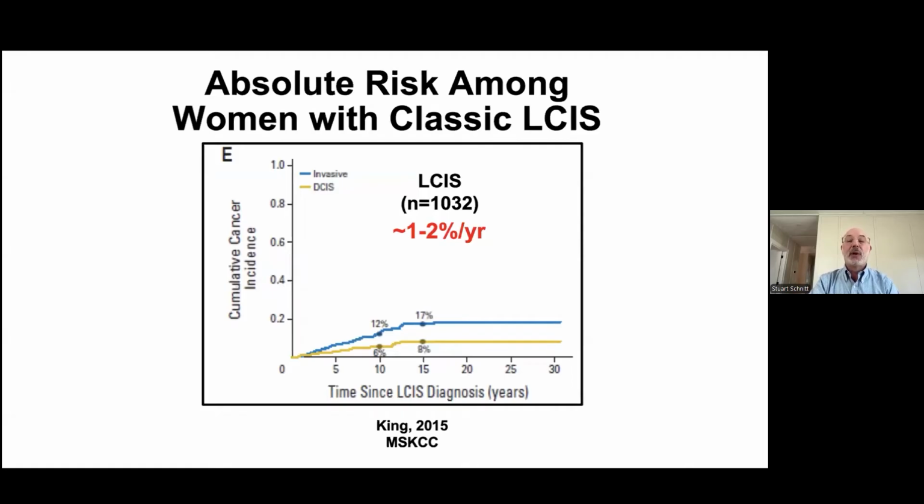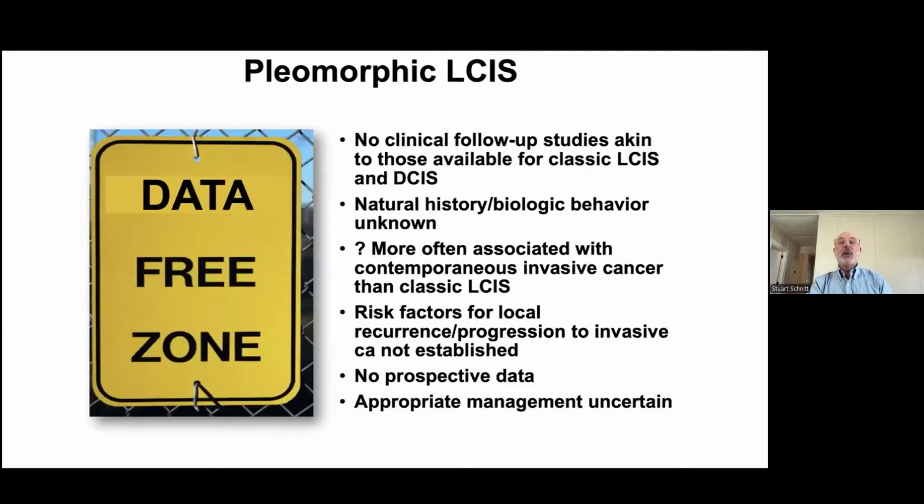And overall, the risk of subsequent DCIS or invasive cancer in these women was about 1 to 2% per year and was fairly constant over 15 years of follow-up. So at 15 years of follow-up, about 17% of women with LCIS developed invasive breast cancer, about 8% or 9% developed DCIS.